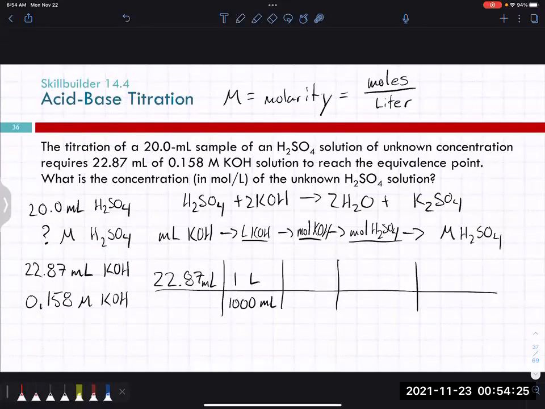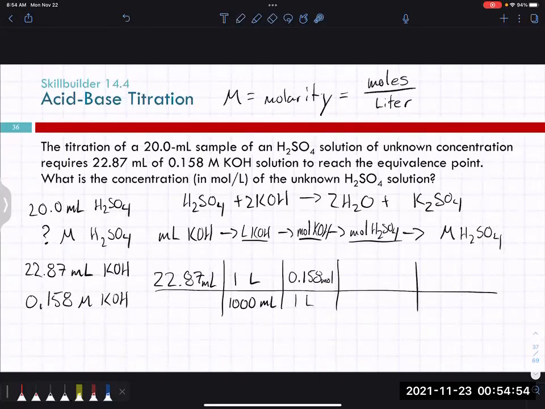So now that we have liters of potassium hydroxide, we can calculate moles of potassium hydroxide using molarity, 0.158 moles per 1 liter. Now that we have moles of potassium hydroxide, we can calculate the moles of sulfuric acid.